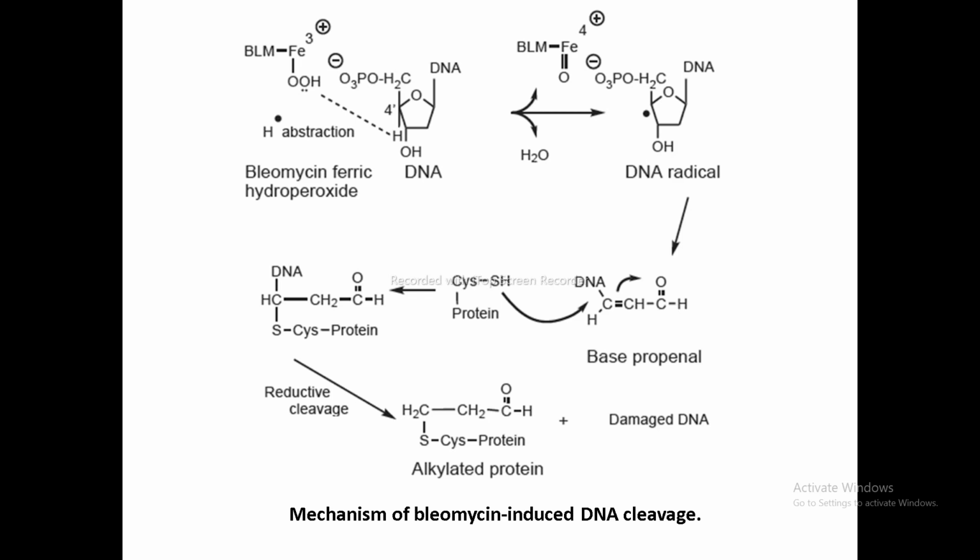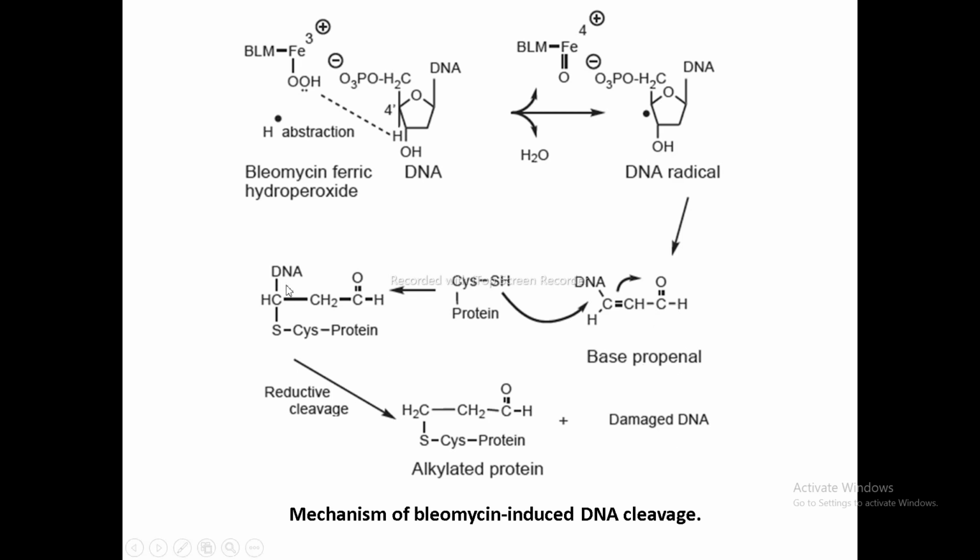The radicals synthesized in this process get reduced to the base propanol, and once the base propanol is synthesized, it alkylates the proteins involved in the synthesis of DNA. As we know, the synthesis of DNA also requires some proteins.